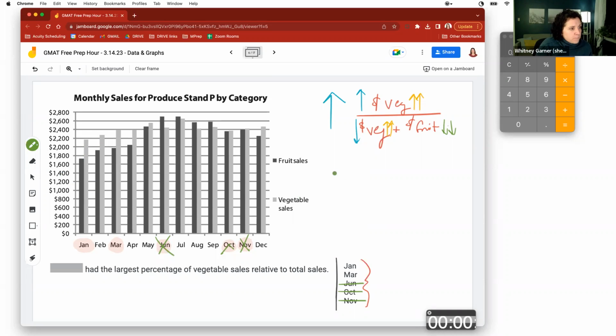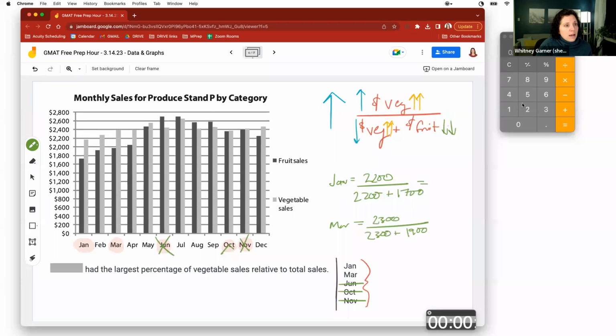So January, vegetables are just about 2,200. I'm going to divide that by 2,200 plus my fruit sales that look like they're about, let's call it 1,700. That's not quite right, but close enough. I'm going to compare January to March, where March has a higher numerator, close to 2,300, plus about 1,900.